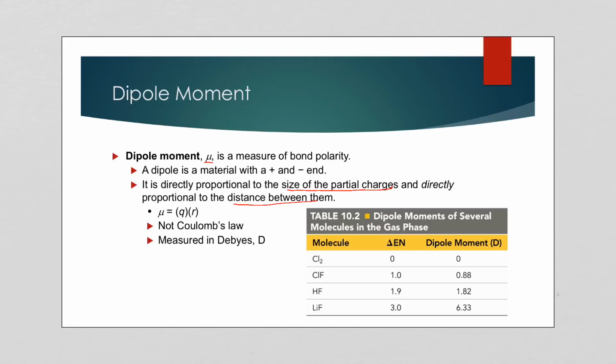So if we think about the distance between the atoms, so how long the bond is, and the size of the charge, we could do a simplified version of calculating a dipole moment, which is going to work if the particles have equal charge.